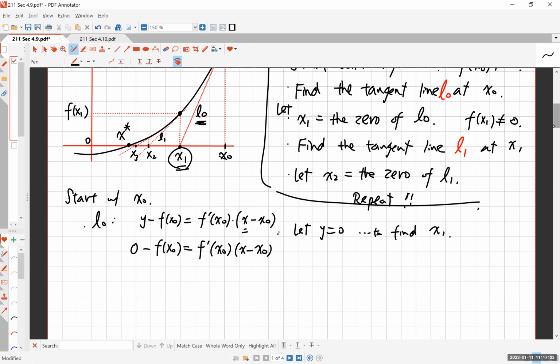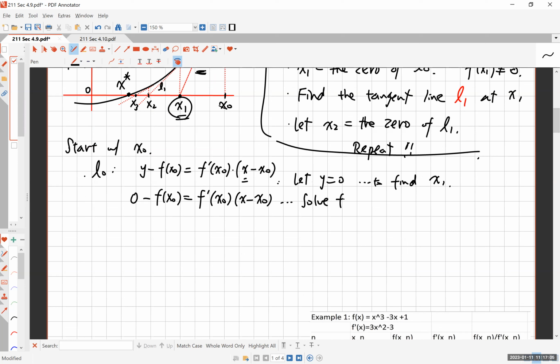In this case, we're solving for x. Then x minus x naught is equal to minus f of x naught divided by f prime of x naught. All I'm doing is dividing both sides by f prime of x naught. So we find x, which is this thing here because we set y equal to 0.